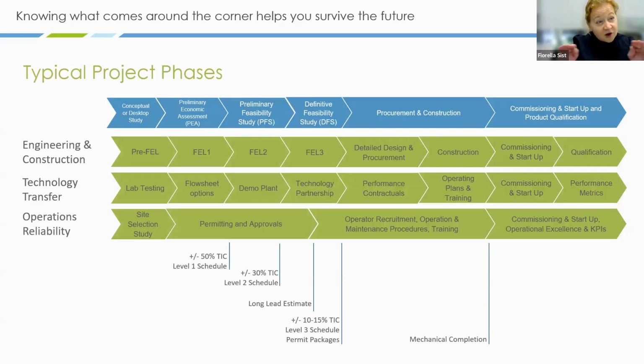But along that line, usually what happens is the clients that come to us, they're really just looking at the technology transfer. You know, they have the lab testing and the pilot testing, but all of this is going concurrent to the actual engineering, right?